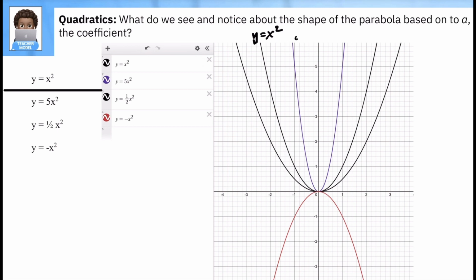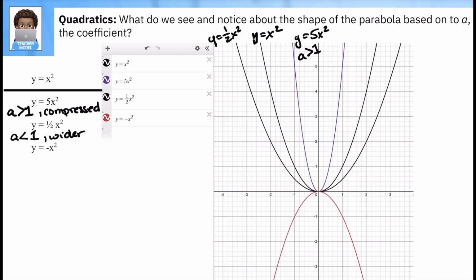We saw that when a was greater than 1, like 5x squared, our graph was compressed. When a was less than 1, our parabola was wider. And when a was negative, it flipped, or it was down-shaped.